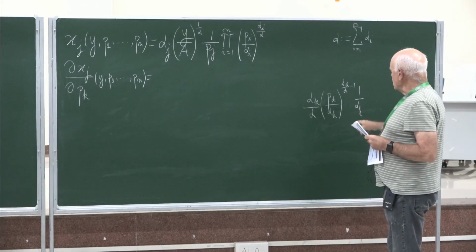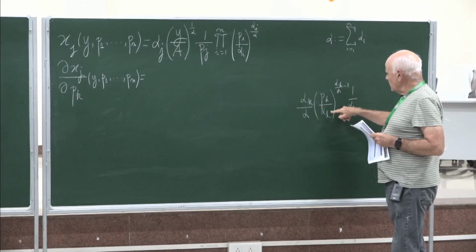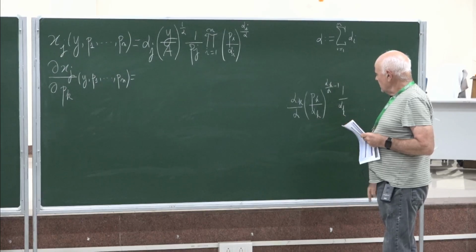Okay, so this minus 1 will make one factor of this type go to the denominator.